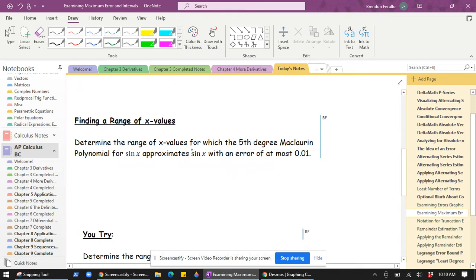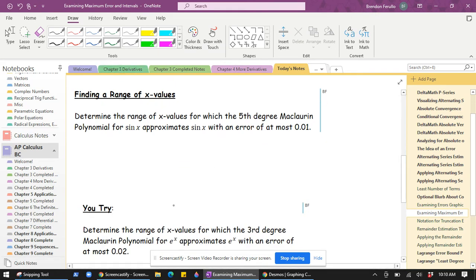So let me show you a couple of questions that get pitched at you that make you have to analyze these things graphically. So this one says, determine the range of x values for which the fifth degree Maclaurin polynomial for sine of x approximates sine of x with an error of at most 0.01. Okay, so all we're going to do is graph our error, which we already have done.